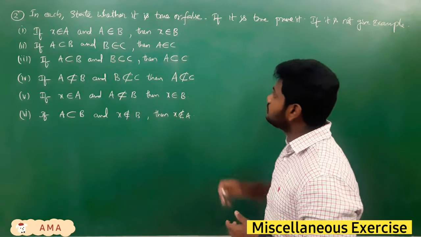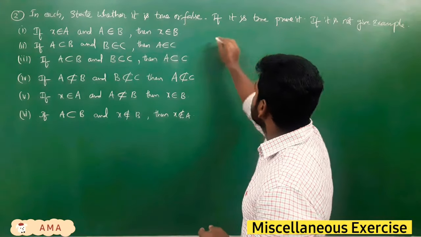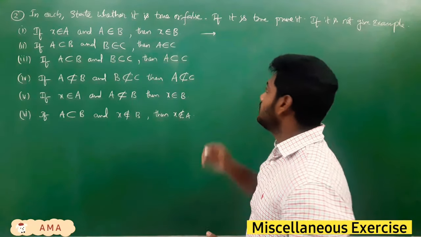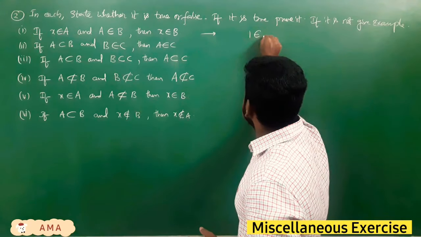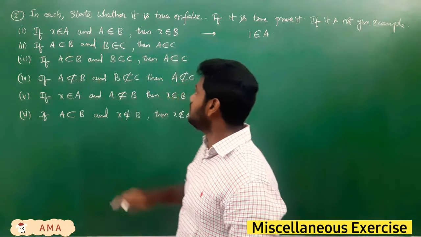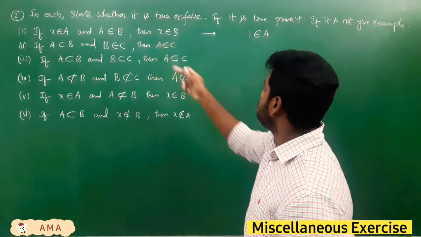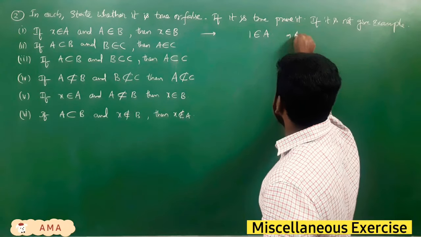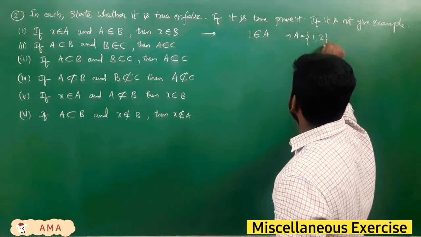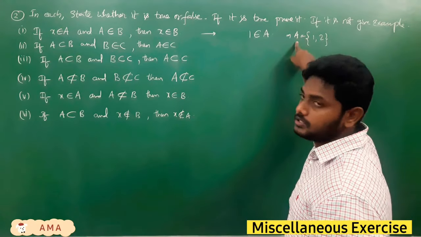See, if x belongs to A, I am giving an example. Instead of x I will consider an element: 1 belongs to A, and A belongs to B. For example, I will consider A as {1, 2}. Is 1 belonging to A, right? 1 belongs to A.